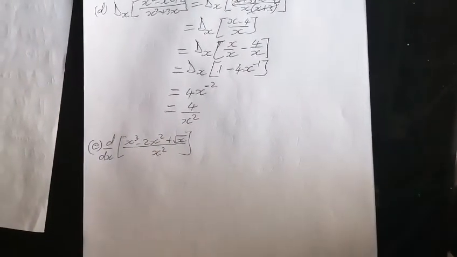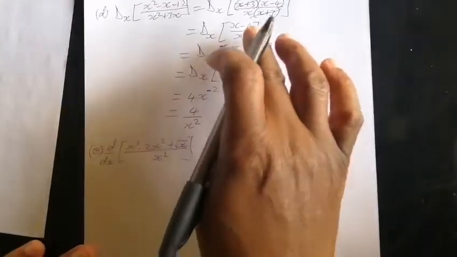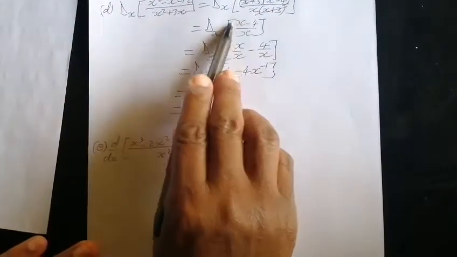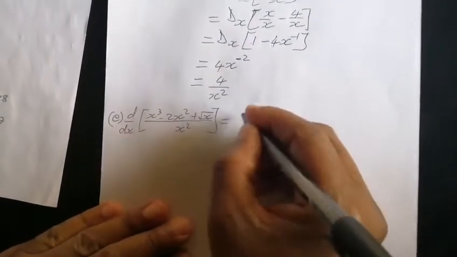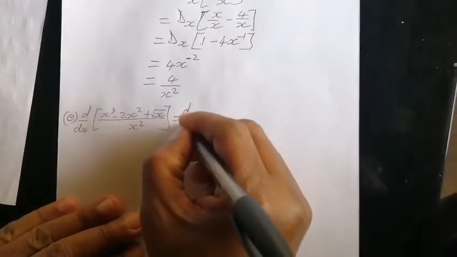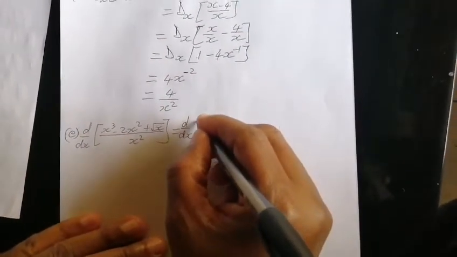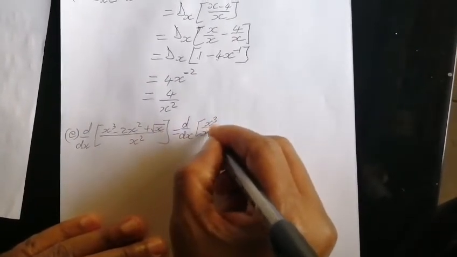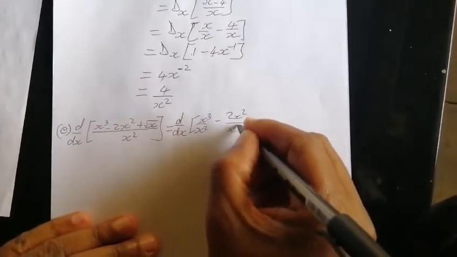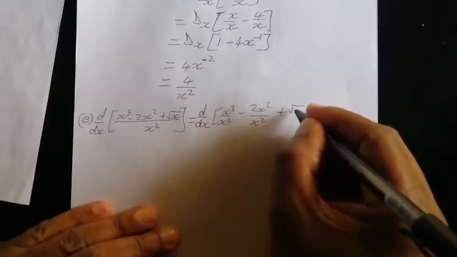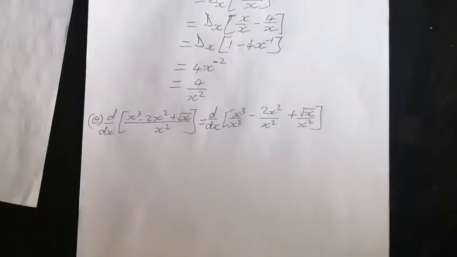Now this one here, all we need to do is to just use the same technique of moving from this state to this state. So this is equal to d/dx. We are not differentiating yet. That will be x cubed over x squared minus 2x squared over x squared plus root of x over x squared. That's what we are saying.